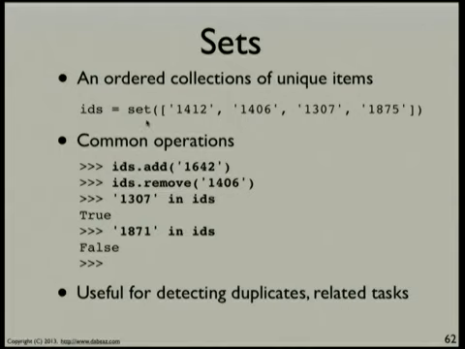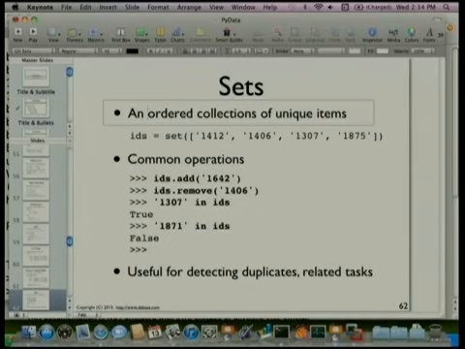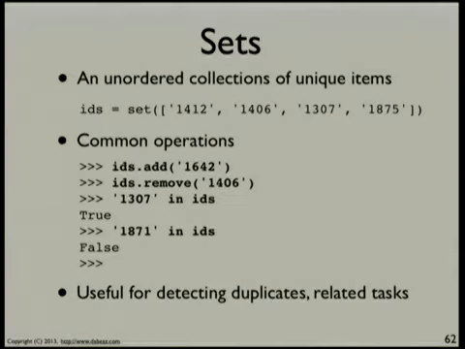Another data type, somewhat useful, is the set data type. Actually, I have a typo in the slide here. This is an unordered collection of items, so let me go ahead and fix that. I don't know, some lack of caffeination or something. Okay, so it's an unordered collection of unique items where you can add and remove things. In terms of data processing, sets are really useful for duplicate detection.